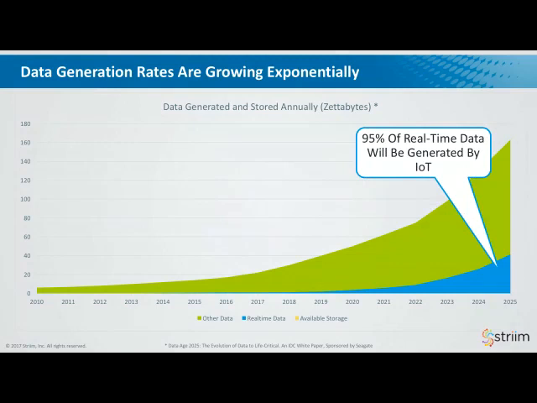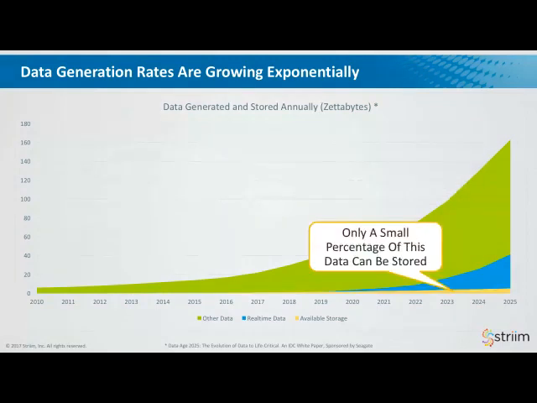Now, this is the kicker: you have all of this data being generated, but that thin yellow line is the available storage. So only a small percentage of all the data being generated can ever be stored. There's literally physically not enough hard drives, flash drives, magnetic tape, newfangled crystal structures to store all of the data that's being generated.